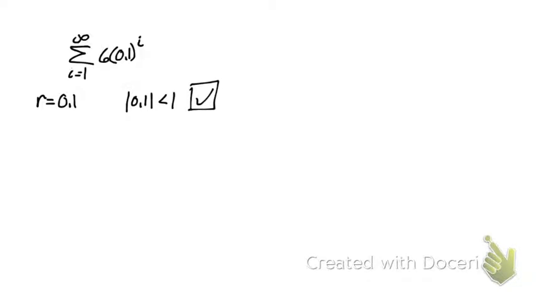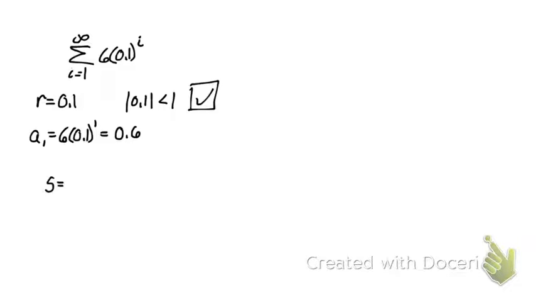Now, just a reminder, our sum formula, if it's infinite, is first term divided by 1 minus r. So let's get our first term. Our first term is where I'm plugging 1 into the equation. So that'd be 6 times 0.1 to the first. Well, that'll be 6 times 0.1, which should result in 0.6.